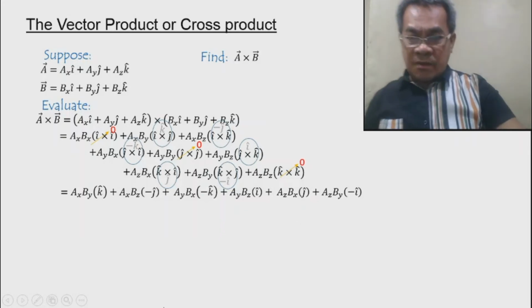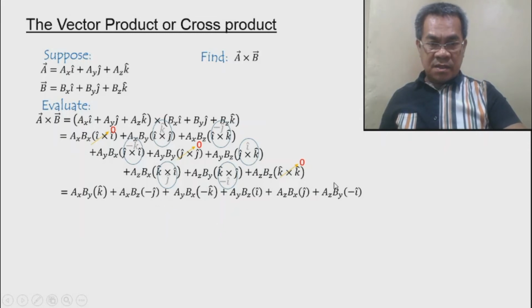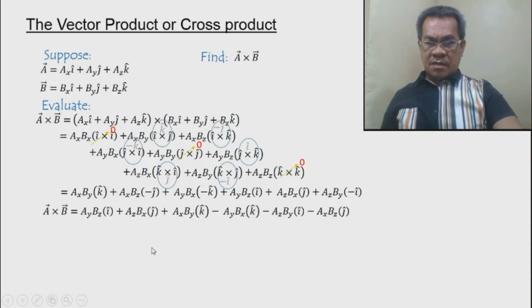Okay. Now, there are 3 negative terms, and there are also 3 terms which are positive. Combine the positives. This is positive, so leave it as is. This is negative, so transpose this.